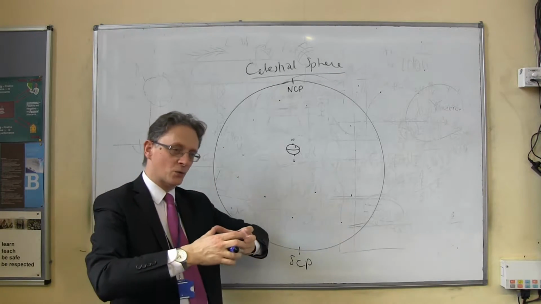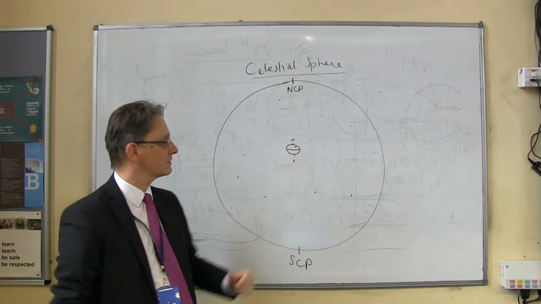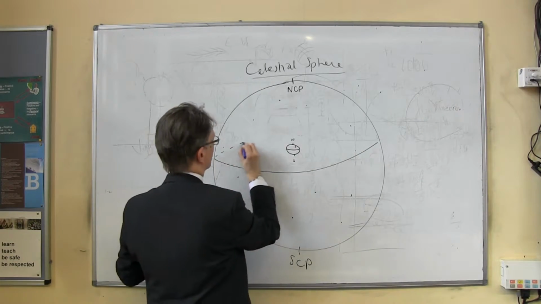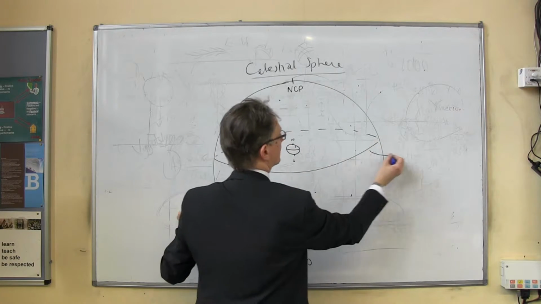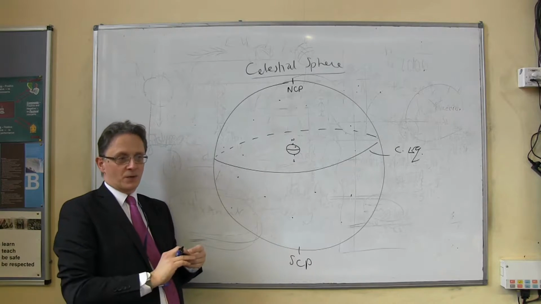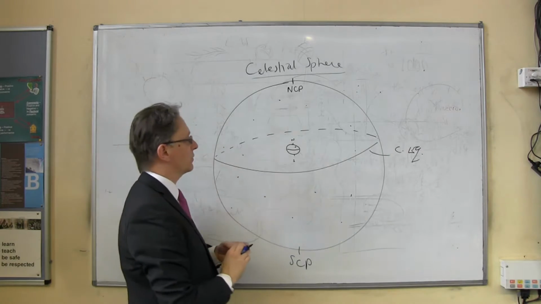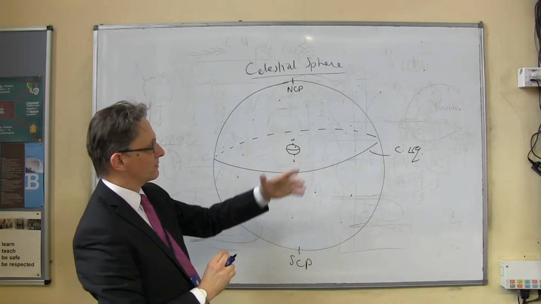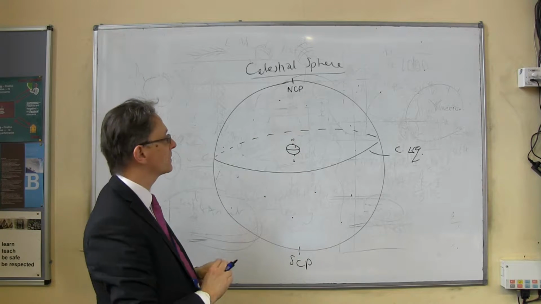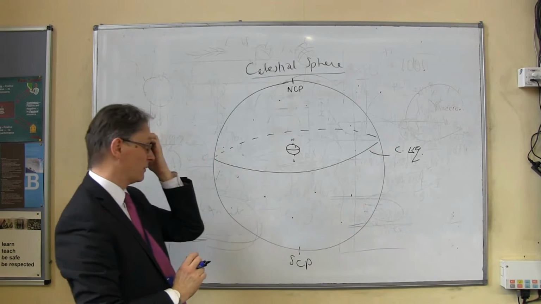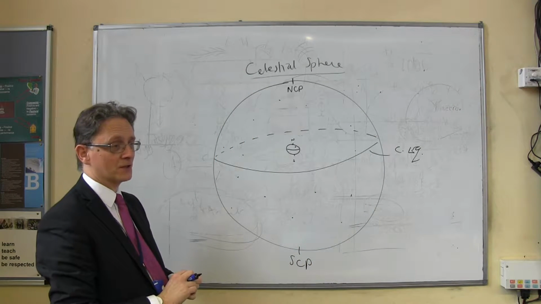If you can imagine the Earth's equator being pushed out onto the celestial sphere, you get, again, you can probably guess, the celestial equator. Okay, the celestial equator is, a bit wonky that one, the Earth's equator just pushed out onto the celestial sphere. Okay, now this is a very useful system for finding the positions of stars.